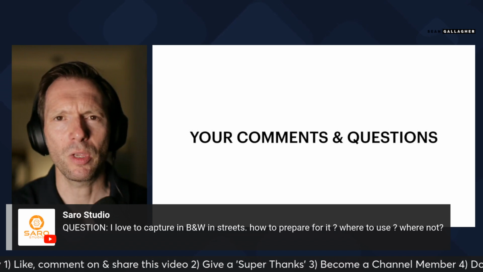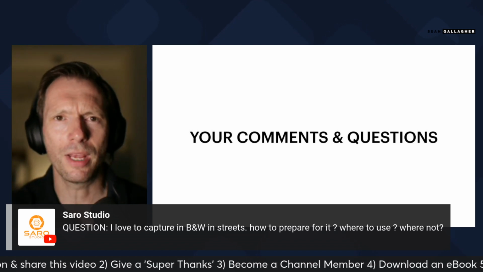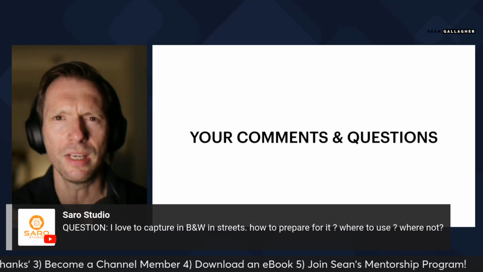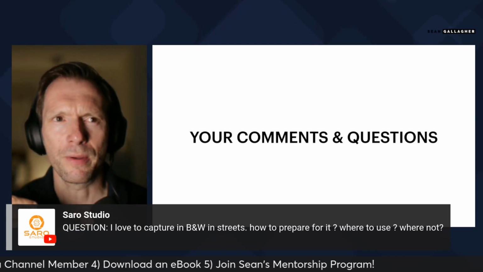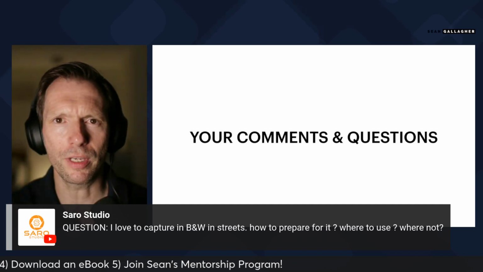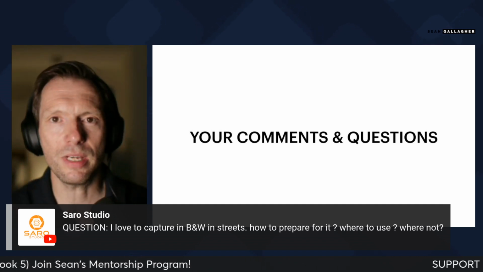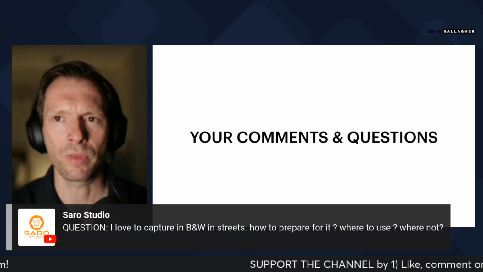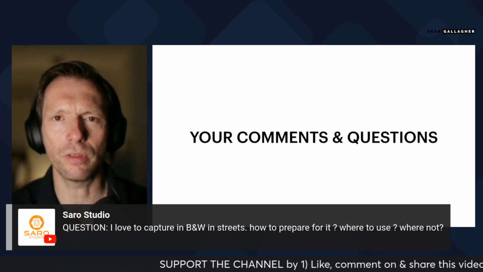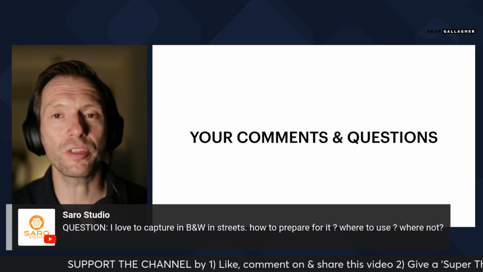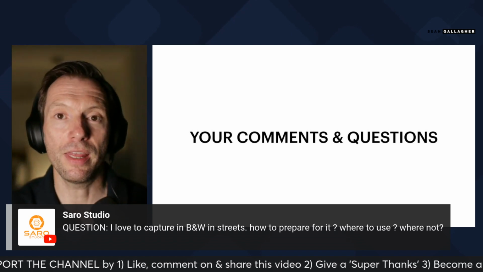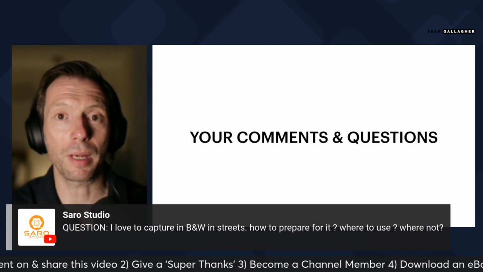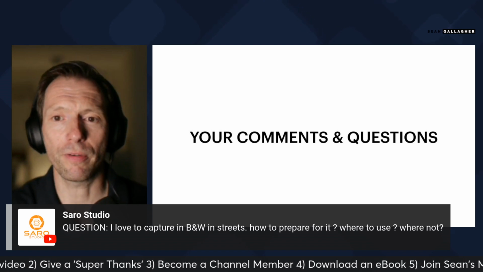But you also might want to think about the lighting conditions, the weather conditions, the mood of the scene that you want to photograph, because black and white photography and color photography can often communicate the same scene, or the same story, in a very different way. So it really depends on you, the photographer, about what you want to communicate with your photography. And that will determine whether you choose to photograph using black and white or color photography.